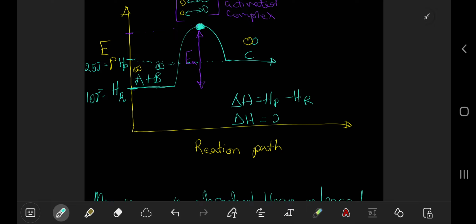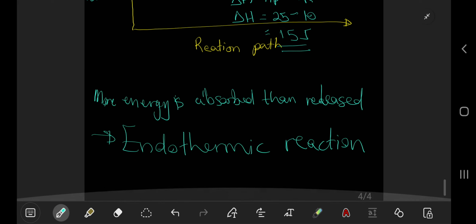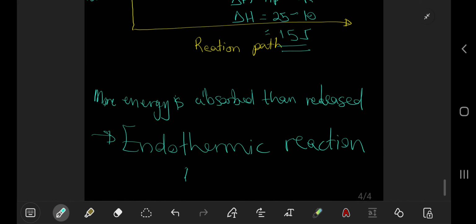That would be 25 minus 10, and your answer there would be 15, right? So for endothermic, your delta H is positive. So that is an endothermic reaction. Delta H is greater than 0.